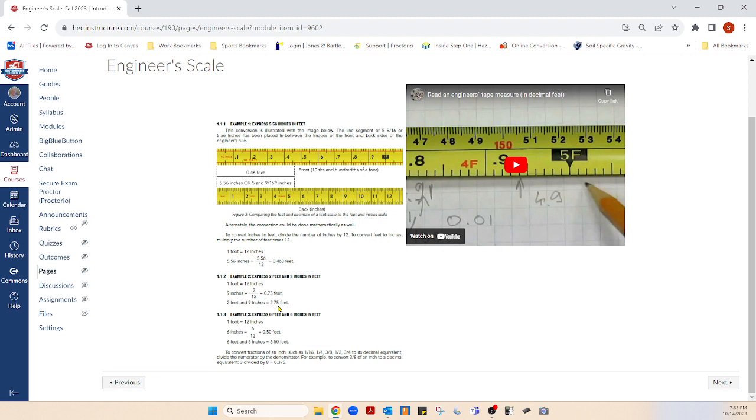If you want to convert feet to inches, using this, here we go. Here's 0.1, 0.2, 0.3, 0.4. Everything past here is going to be 1 point something.